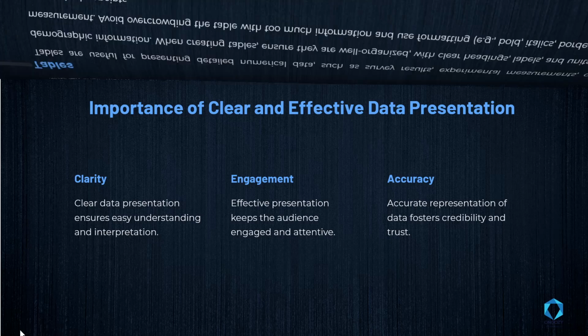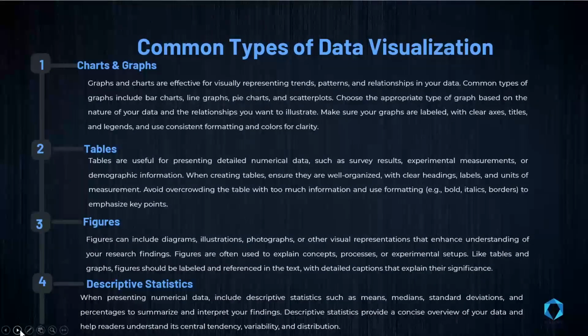So what are the common types of data visualization? How do you present your data, in other words? Number one, there's charts and graphs. Charts and graphs are very, very effective for visual representation of trends, patterns, and relationships in your data.